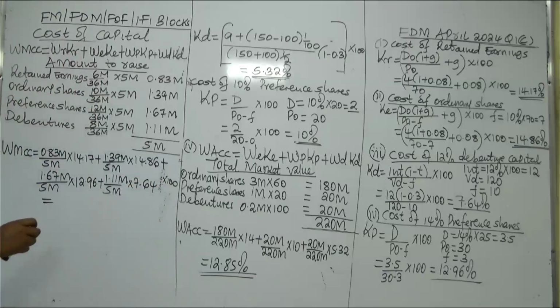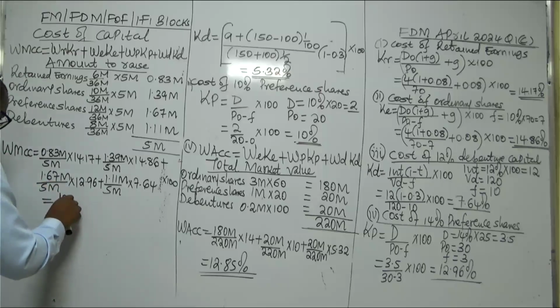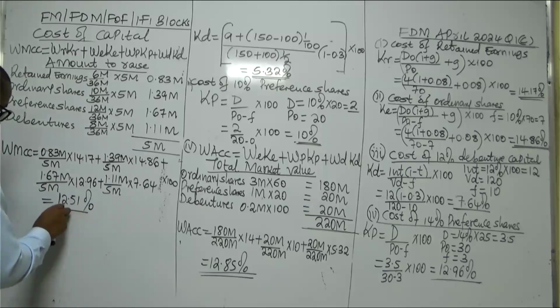Here it will give you how much? 12.51%. That is the WACC.